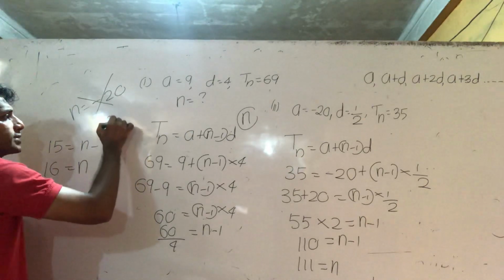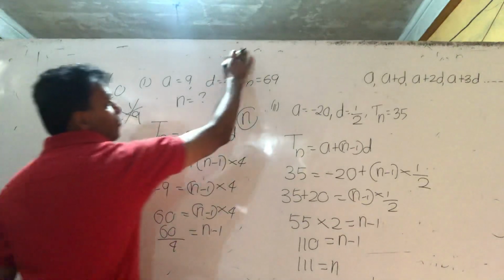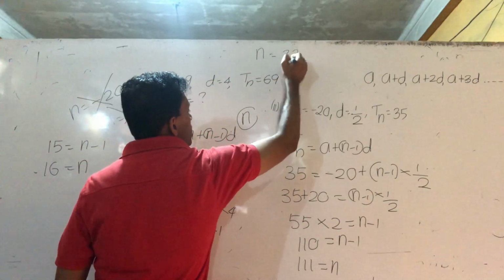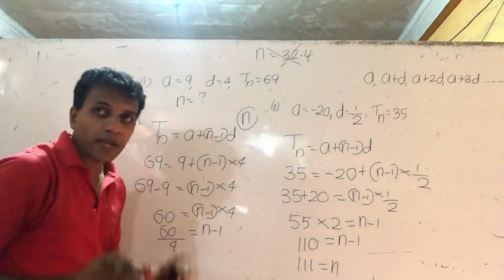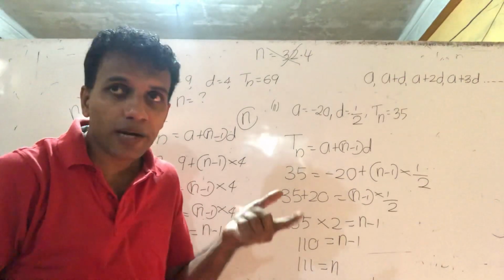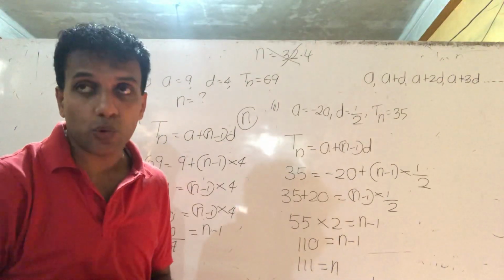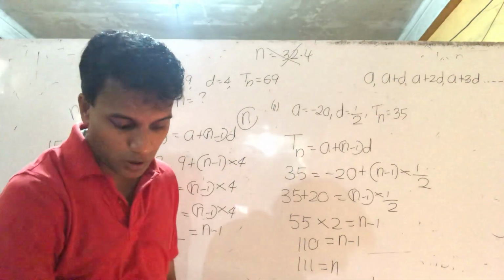If your n answer comes 1 over 9, you are wrong. If your n solution comes, for example, 33 or 32.4, you are wrong. N comes 15, maybe correct. N is 100, possible. It never comes decimal, negative or fraction, right? Let's take a note about that, okay?